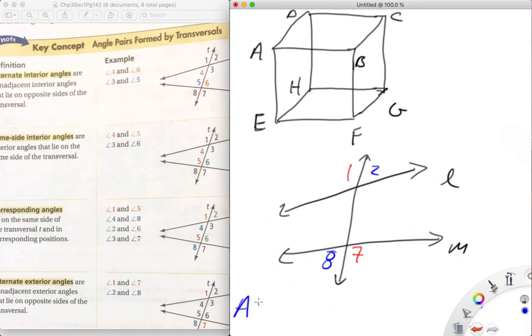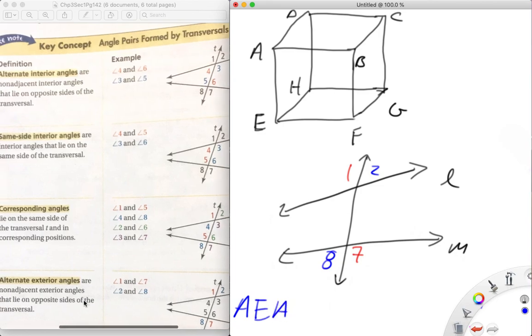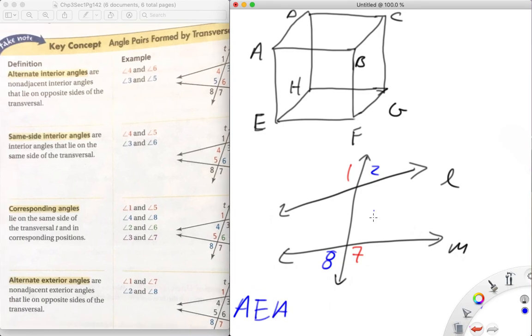These are alternating exterior angles. They're not adjacent. They don't share a common endpoint. And they lie on opposite sides of the transversal, and they're on the outside. They're the exterior angles of the two lines. So 2 is up here, 8 is down here. They're on opposite sides. 1 is up here, 7 is up here. They're on opposite sides of the transversal.